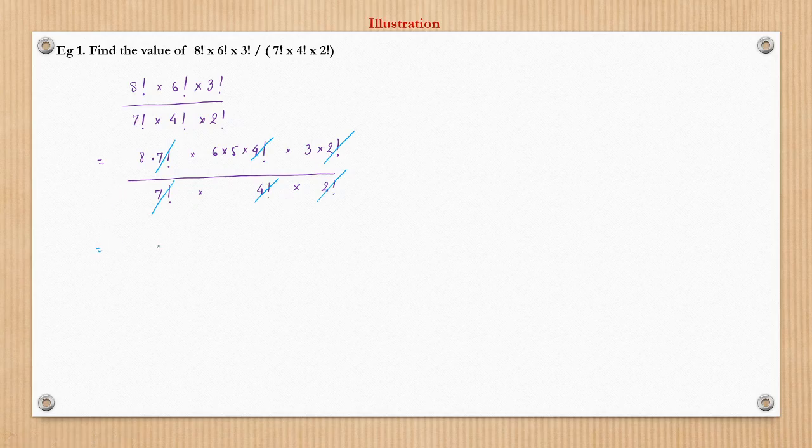So what remains to us is 8 into 6 into 5 into 3, right? So what would be the value? 8 into 5 is 40, and 18 into 40 is 720. So 720 would be the product of this expression, right?